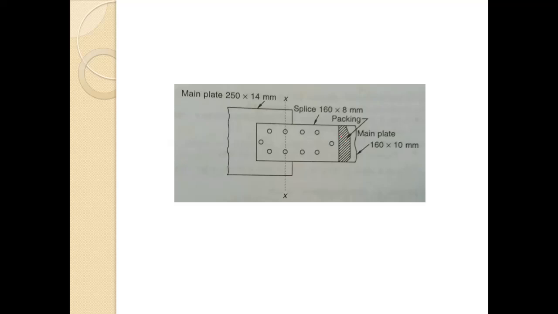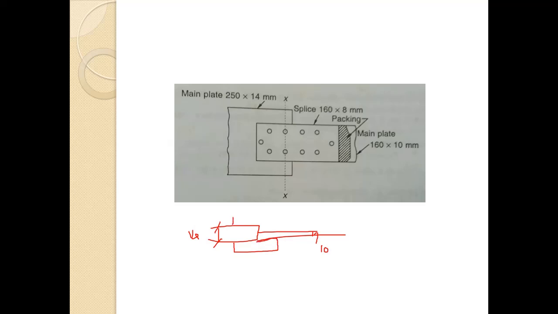So we need to provide a packing, because here you can see if I draw the cross section, this is of 14 mm and another plate is of 10 mm. So you have to provide a packing, and the plate should be somewhat like this.